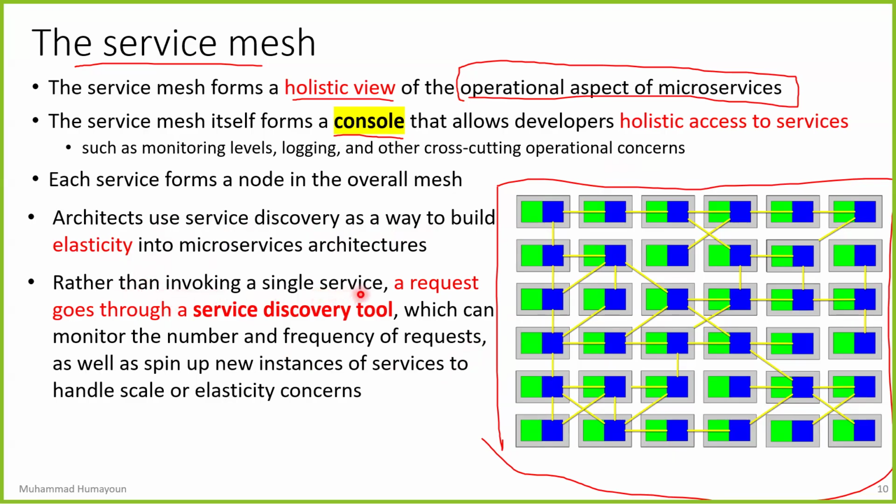Rather than invoking a single service, a request goes through a service discovery tool, which can monitor how many requests are made, what the frequency of requests is, how idle your CPU stays, or how busy the CPU remains. Based on that, looking at this mesh, we can introduce more compute power so that our system remains scalable and elastic.